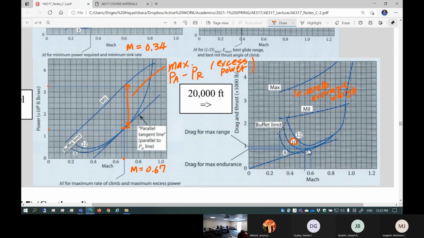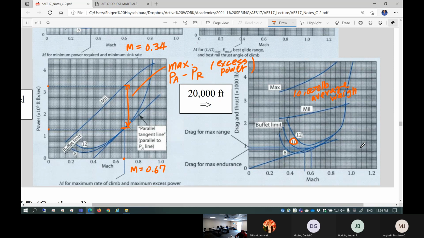You're going to use this plot, which is the power required at 20,000 feet. This is quite important. Let's begin with maximum endurance. What is the condition for that? In order to maximize the endurance, you really want to fly with the minimum power required, isn't it? That's going to maximize the endurance.